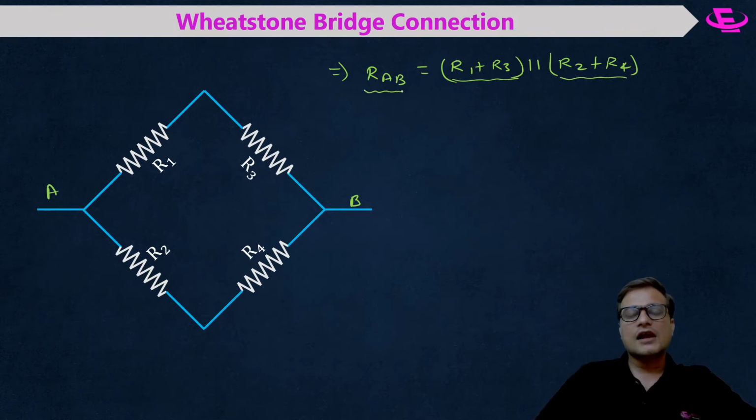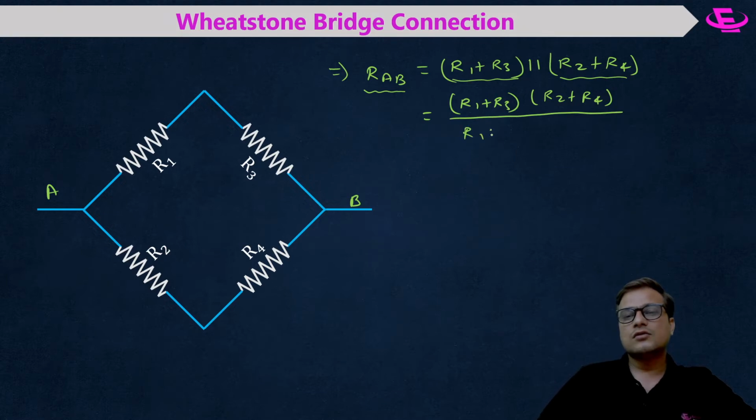This is RAB. So from here you can easily find the value of R equivalent. It will be (R1 plus R3) into (R2 plus R4) divided by R1 plus R2 plus R3 plus R4. Clear? This is about the Wheatstone bridge connection.